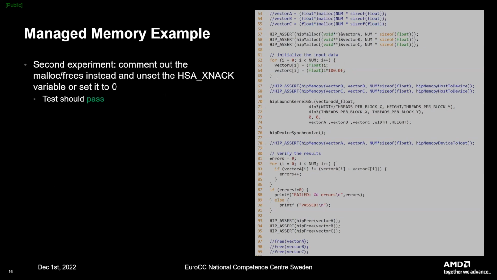So our second experiment is to comment out the malloc and free instead of the HIP malloc. And if we unset the HSA XNACK variable, the test still passes because that memory will migrate.